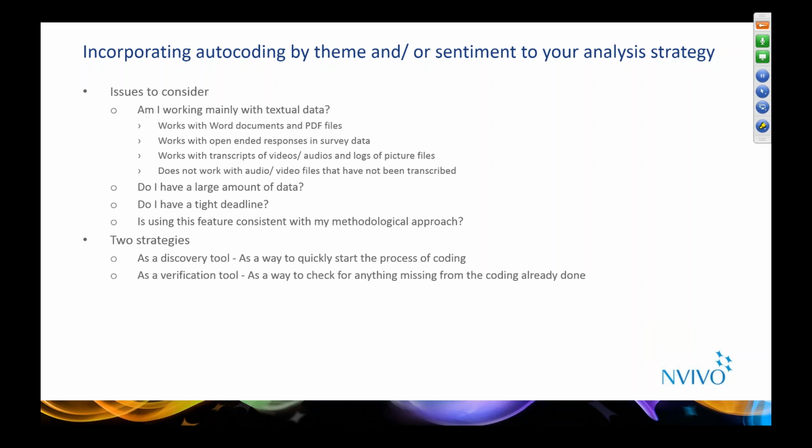You could simply use it as a discovery tool, as a way to quickly start up the process of coding, or you might have already done your coding and just want to do a quick check as a verification, to see if it comes up with anything that you'd missed. So those are two basic strategies you might want to think about as I show you what the software can do.